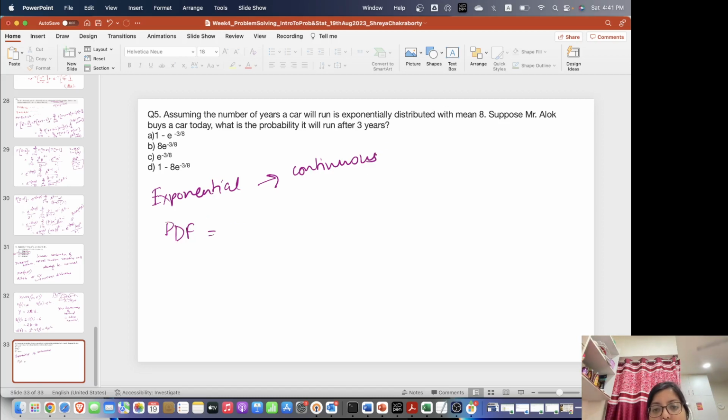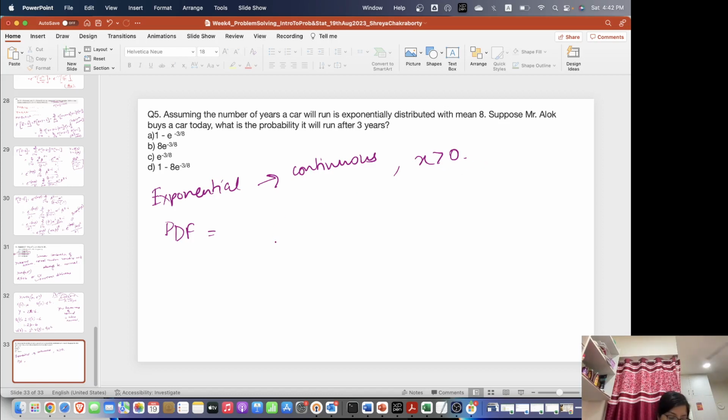An exponential is continuous and it can take on any value of x, where x has to be greater than 0.